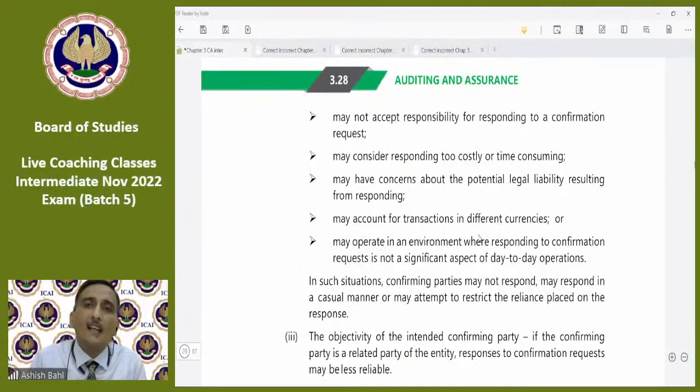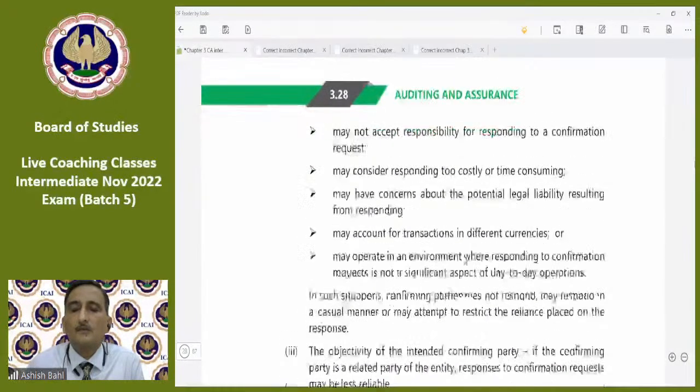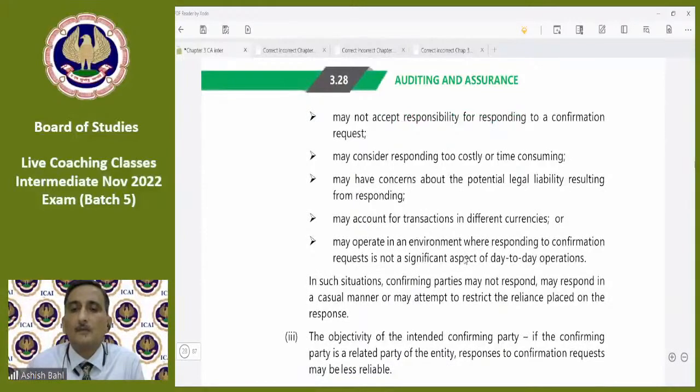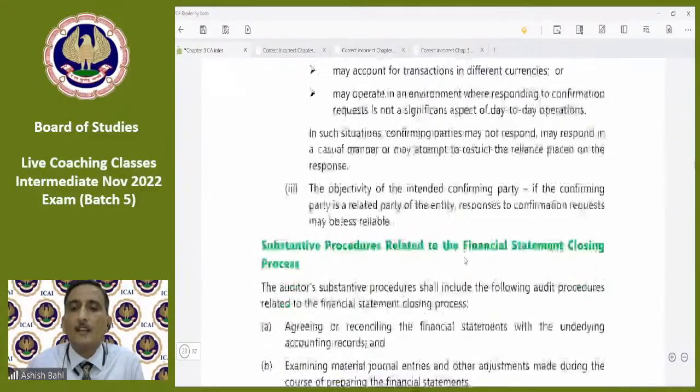Say if I send the confirmation and the third party may not choose to respond, then I have no option available with me. I have no remedy for that. He is not bound to respond to my confirmation. So these kind of things.